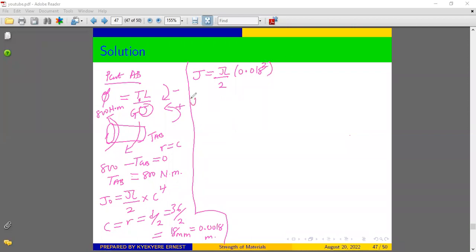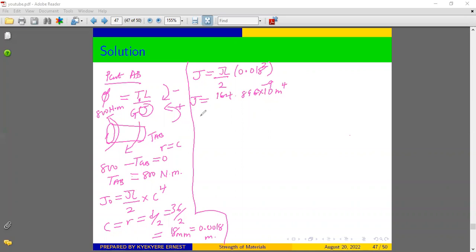And from there, the value of J will be equal to 164.896 times 10 to the power negative 9 m raised to the power 4.